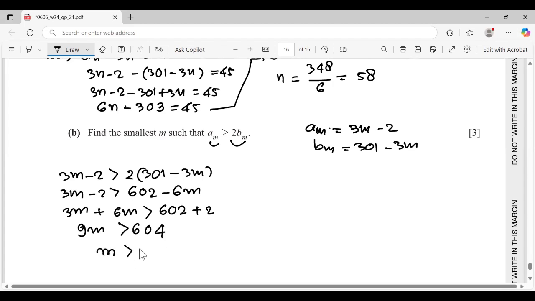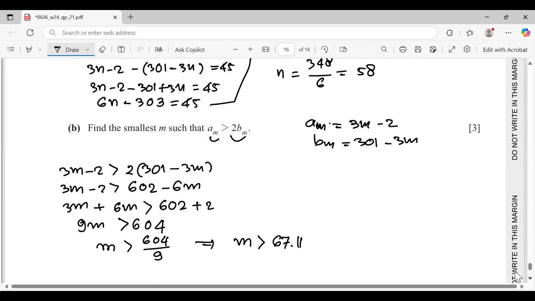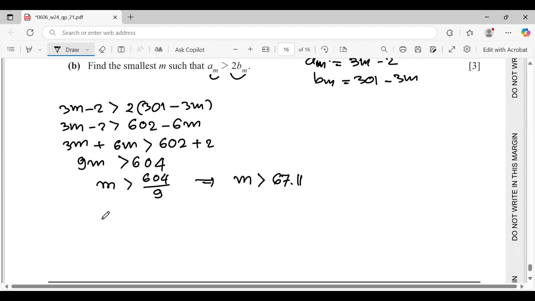So m greater than 604 divided by 9. If you calculate, it is 67.11. So m equals 68. 68 is the smallest integer.